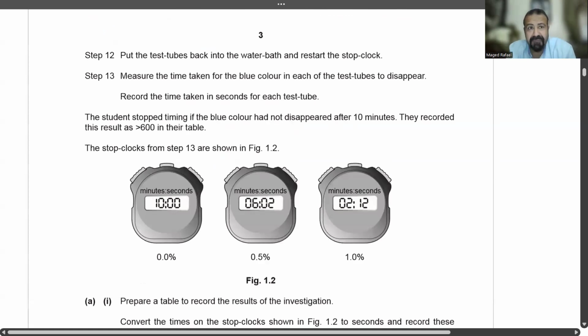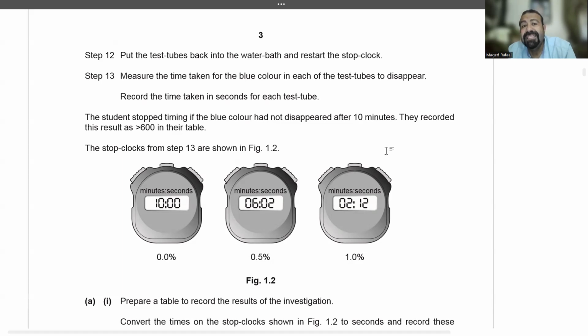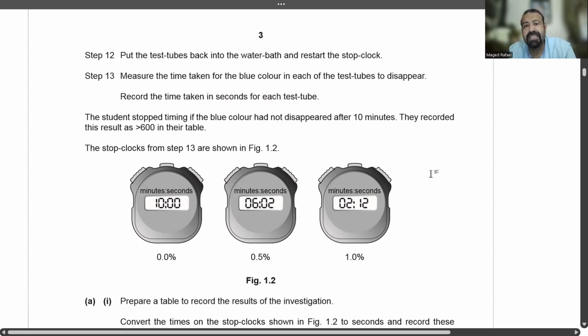Question step 12. Put the tested tubes back into the water bath and restart the stop clock. He measured the time taken for the blue color in each of the tested tubes to disappear, and he wants you to record the time taken in seconds for each tested tube.